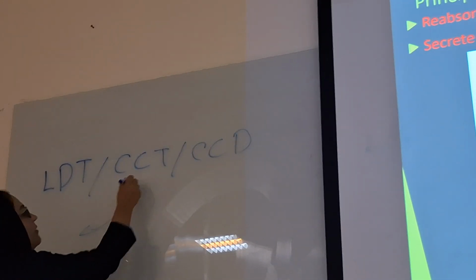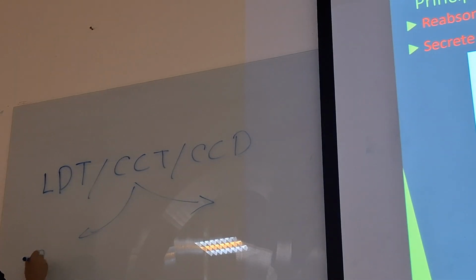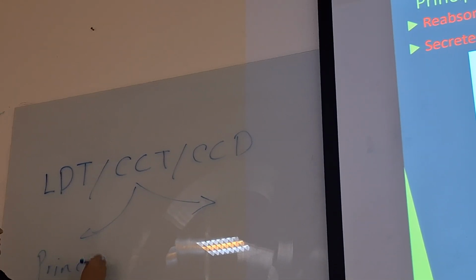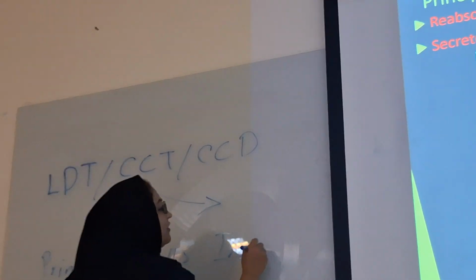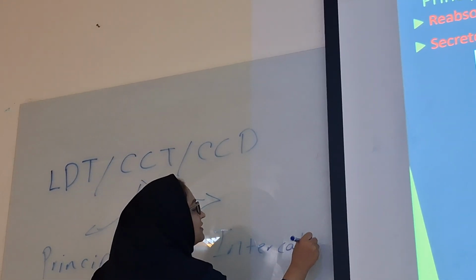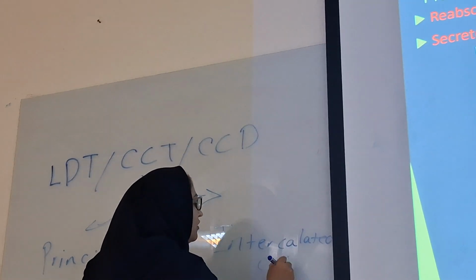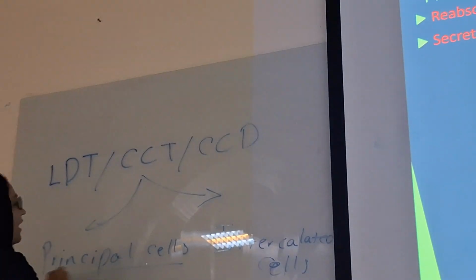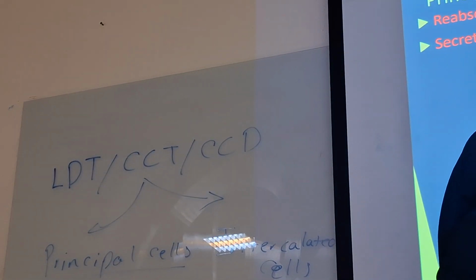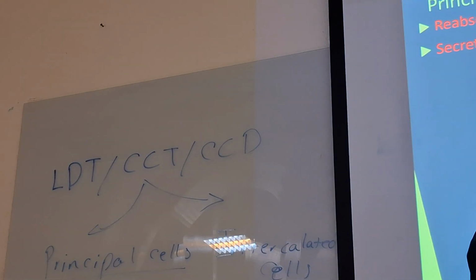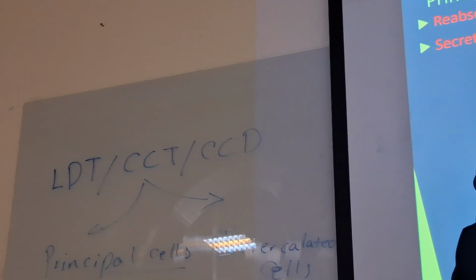We have two types of cells: principal cells and intercalated cells. Here you can see one principal cell. In the apical membrane, leak channels for sodium and leak channels for potassium.